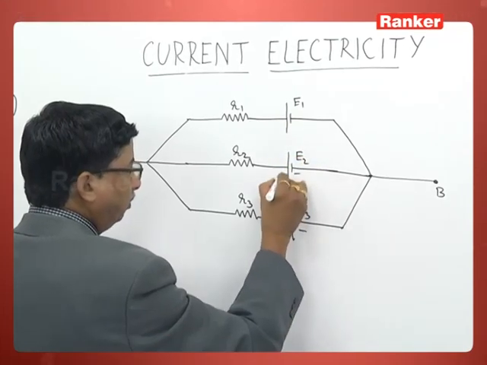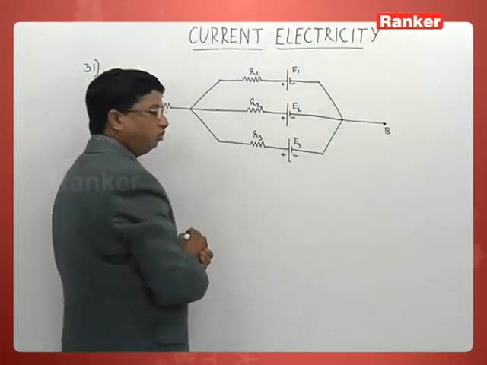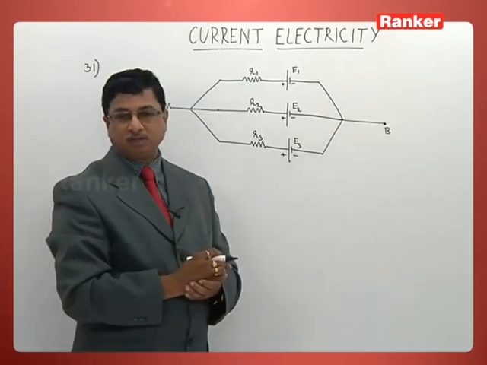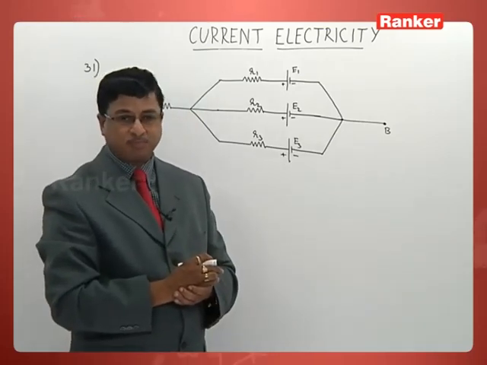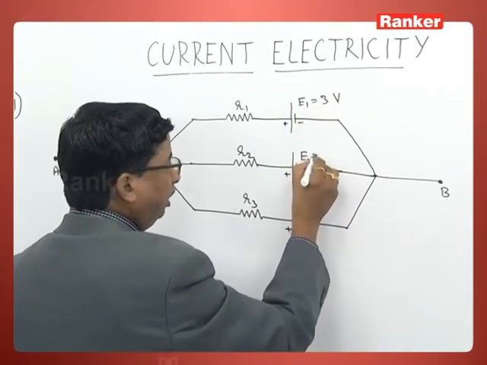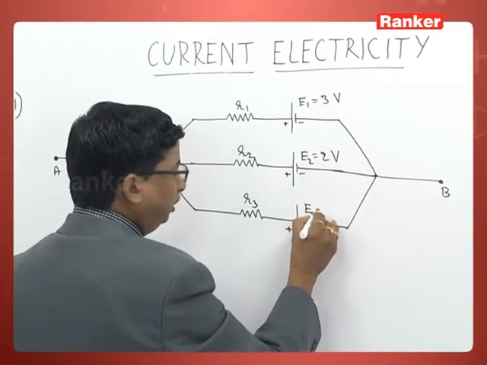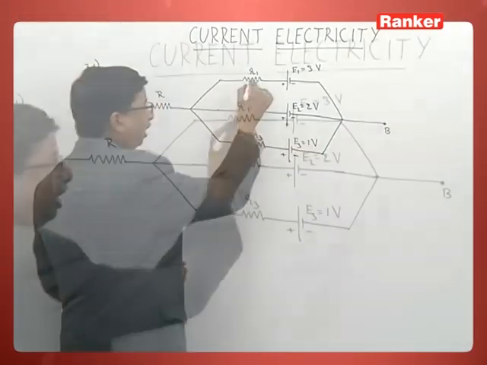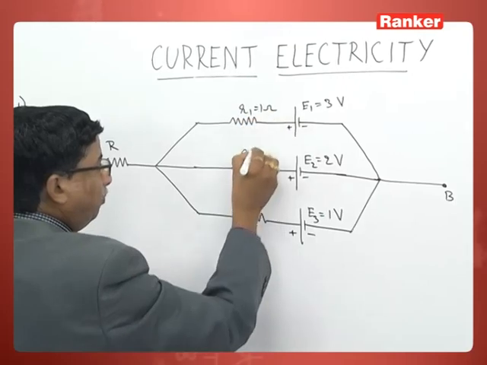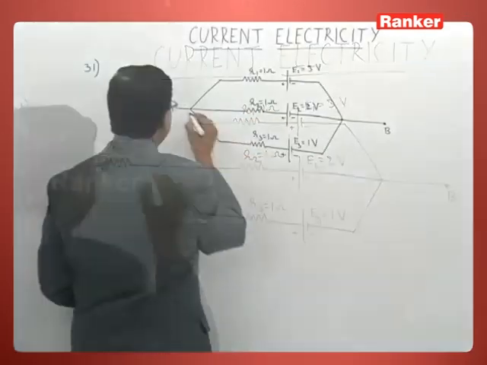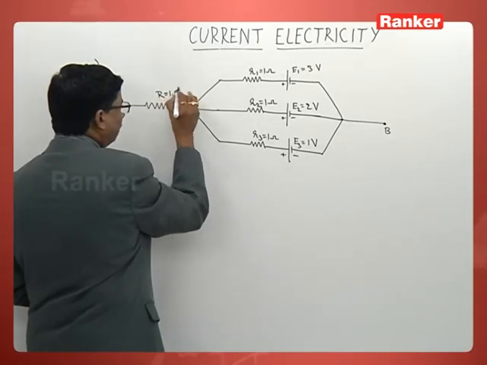Negative, positive, negative, positive, negative, positive. But let us write the values given first of all, because that is more important for us. E1 is given 3 volt, E2 is given 2 volt, E3 is given 1 volt. Next, R1 1 ohm, R2 1 ohm, R3 1 ohm, even R also is 1 ohm.